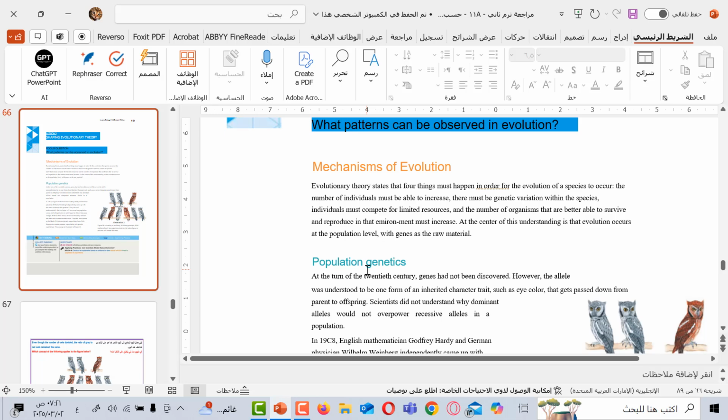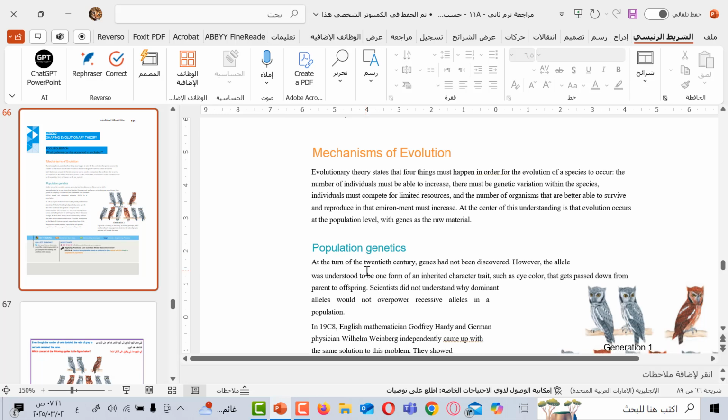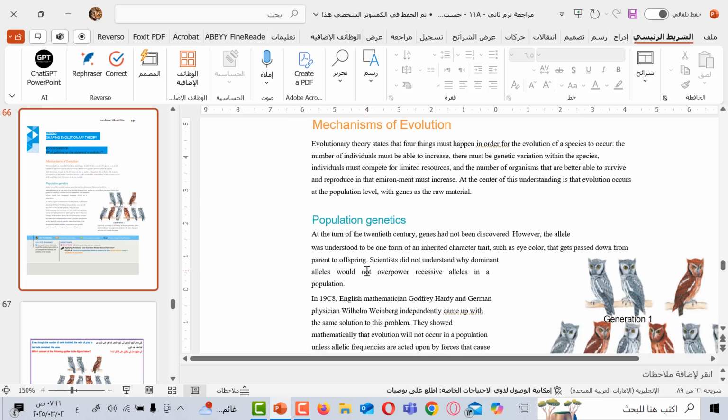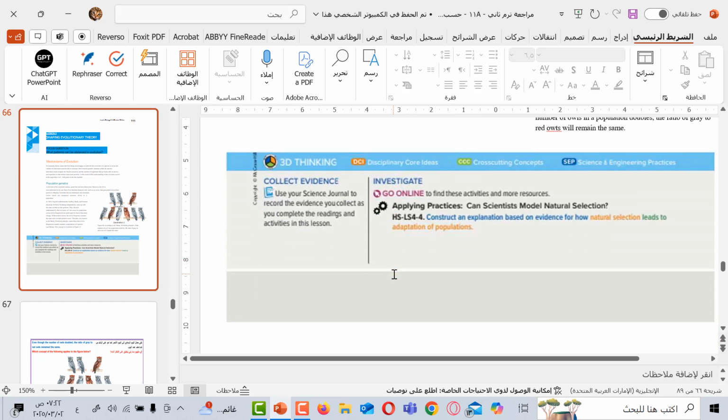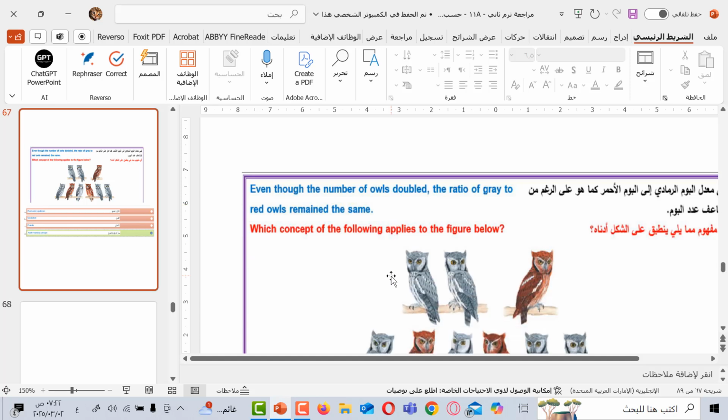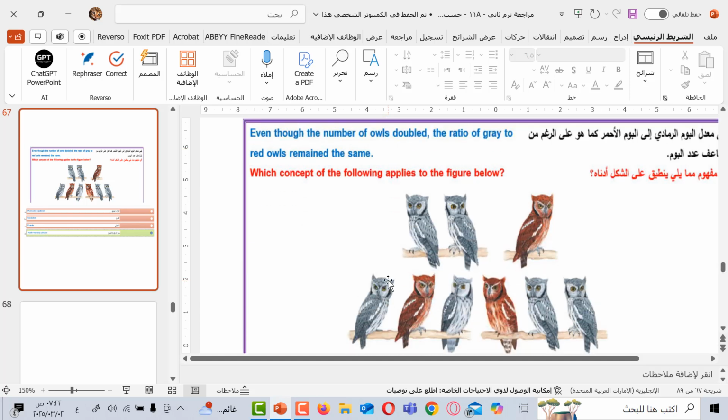I added this page because to know what is mentioned in the next page, you must read this page. And sometimes they bring a question like that: even though the number of owls changes, would the ratio of gray to red owls remain the same?